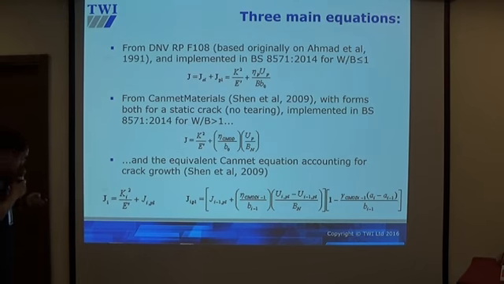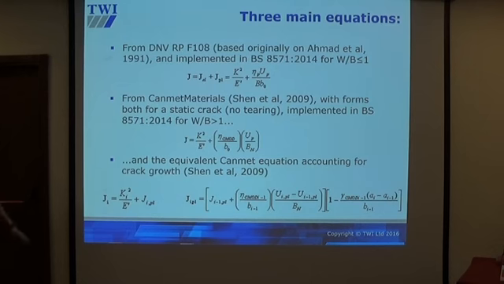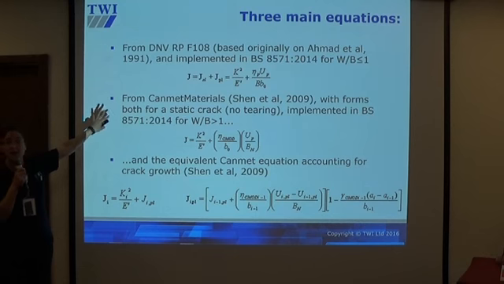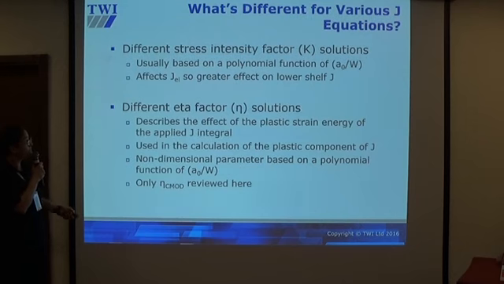We've got an elastic component based on K and the Young's modulus, and a plastic component based on this eta factor and an area under the load displacement trace and some specimen dimensions. So this one I'm going to call the DNV equation, this one I call Canmet static because it doesn't account for any crack growth, and this is the Canmet main equation, which includes increments for crack growth for use with unloading compliance R curves, and we'll come back to that one.